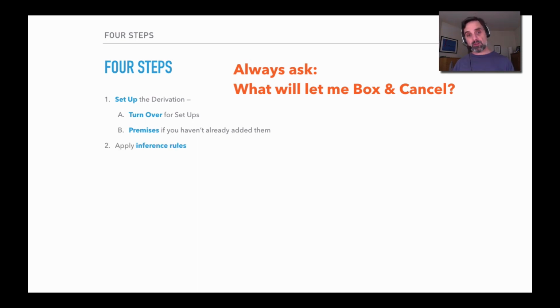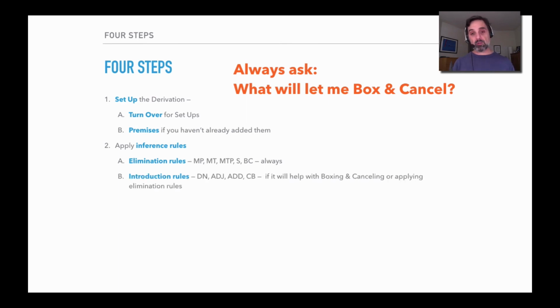Then you're going to apply your inference rules, and as always, we apply elimination rules whenever we can. And then we apply introduction rules when it will help us with boxing and canceling, or with applying elimination rules. One salient, important new way in which we can use introduction rules to help us box and cancel is if we already have a negated sentence, we can use introduction rules to get to the unnegation.